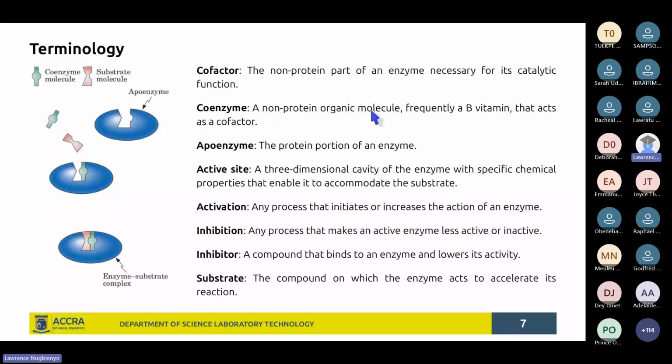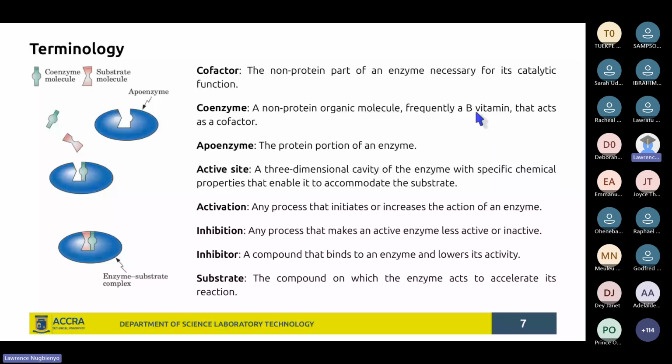You will frequently see them as vitamin Bs. We'll come to see the different forms of vitamin Bs, and what you refer to as vitamin B complex, for instance, containing different forms of vitamin Bs.